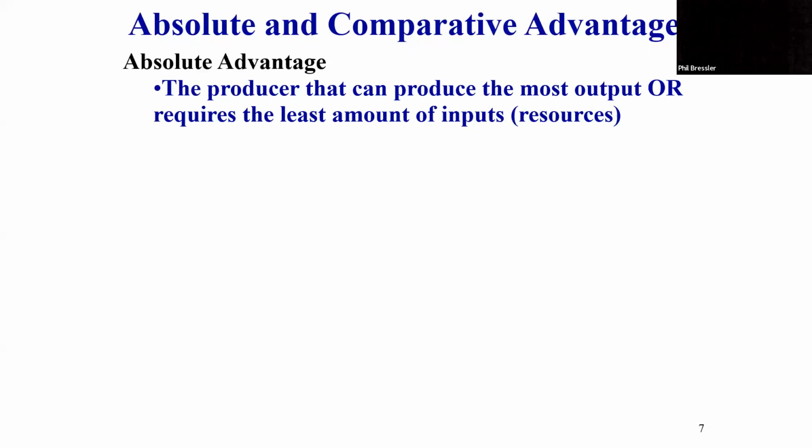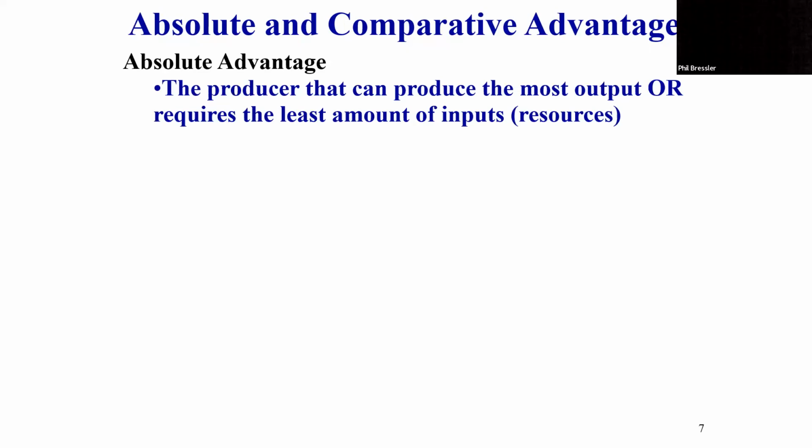All right. So when you're looking at trade, comparative advantage drives trade, but they also talk about absolute advantage. And absolute advantage is the producer that can either produce the most output, the most corn, the most wheat, the most cars, the most computers, or requires the least amount of input.